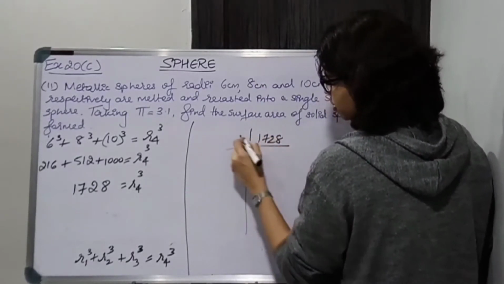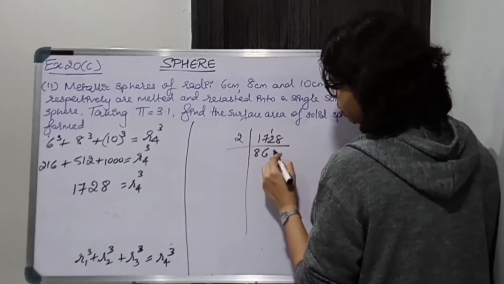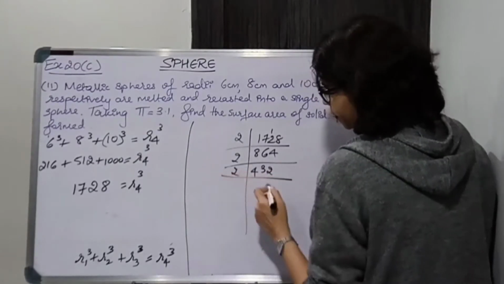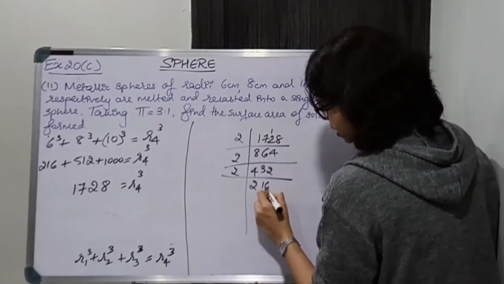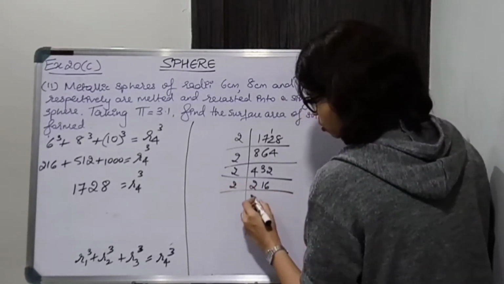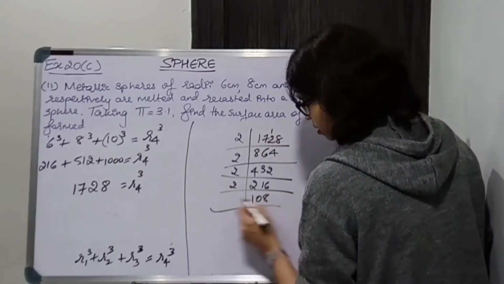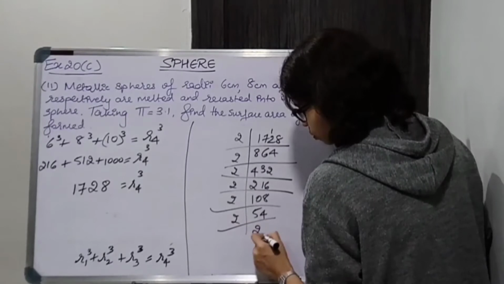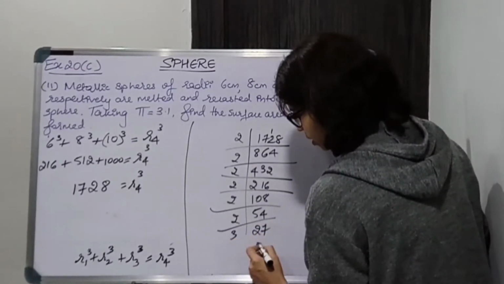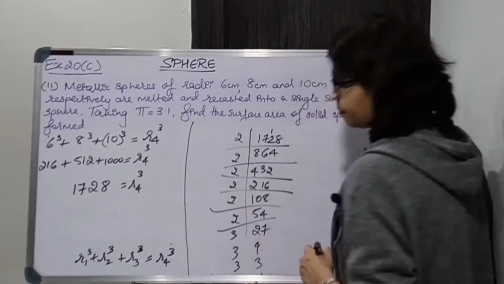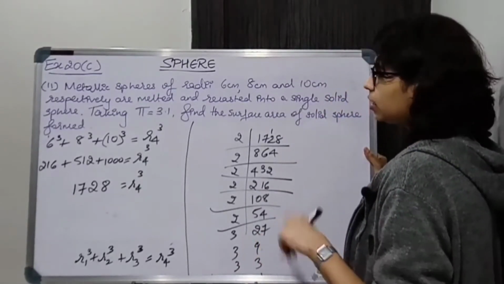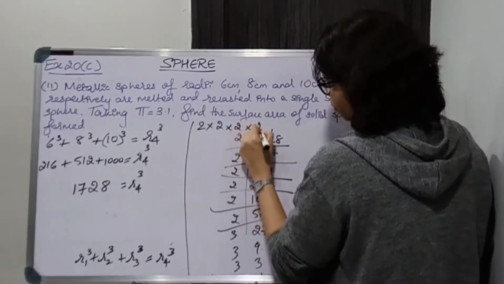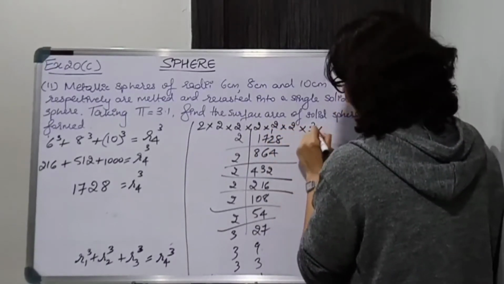1728 factorized gives 2 into 2 into 2 into 2 into 2 into 2 into 3 into 3 into 3.